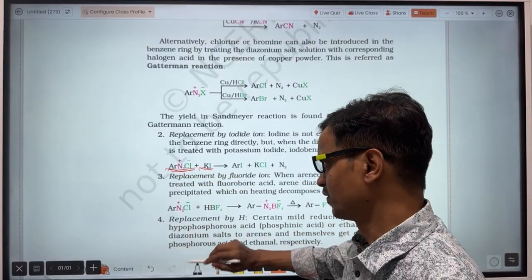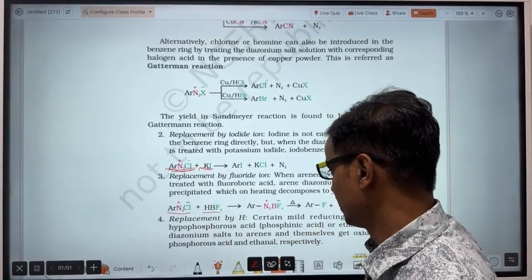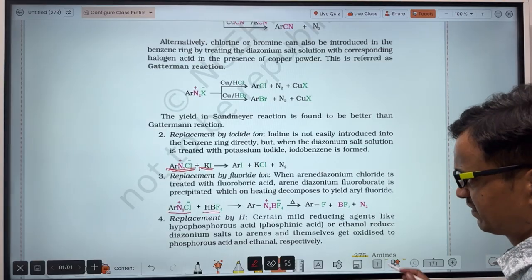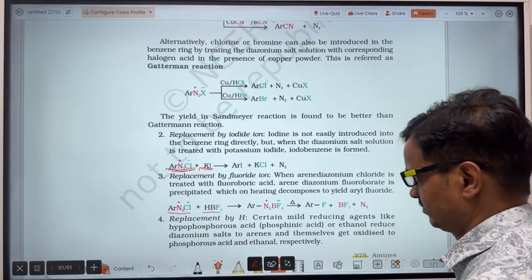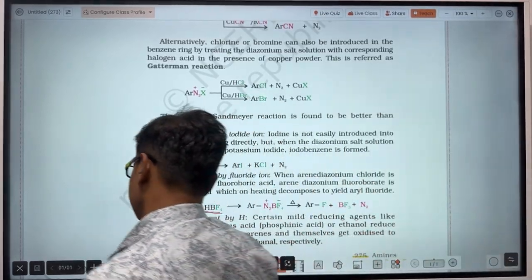And to prepare fluorobenzene, the diazonium salt has to react with fluoroboric acid. Okay, so write that.